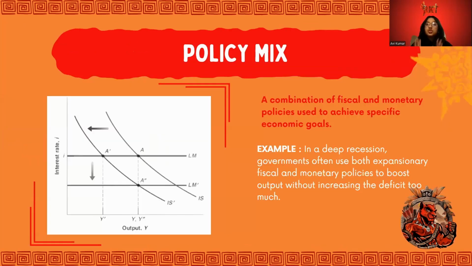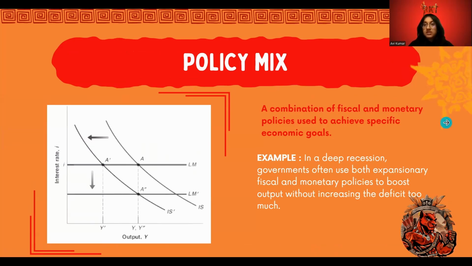Now, the government doesn't just use one of these. When dealing with policy mix, they deal with both the IS and LM curve at the same time. They use a combination of fiscal and monetary policies to achieve specific economic goals. Now, for example, if there is a deep recession, governments will use expansionary fiscal and monetary policies to boost output without increasing the deficit.